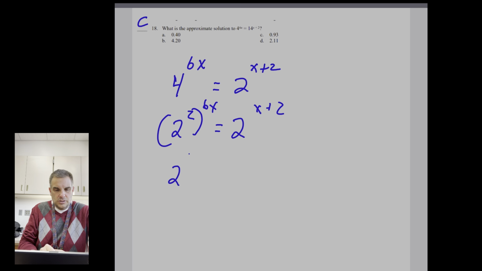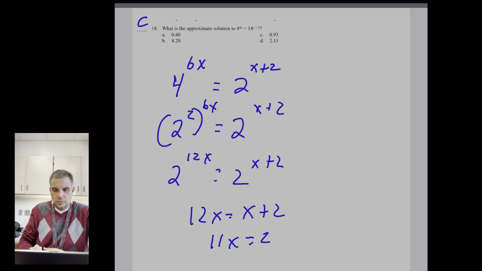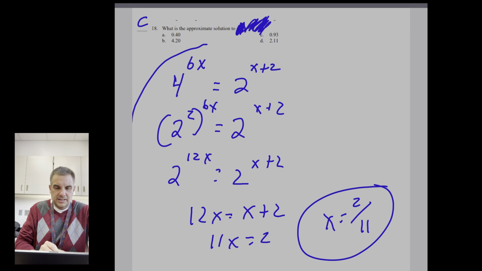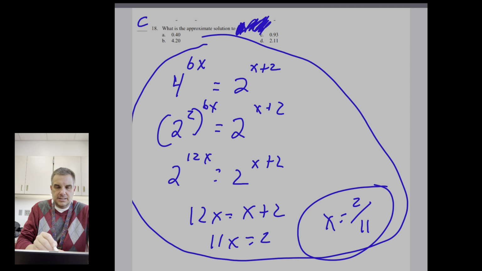So this is 2 to the 12x equals 2 to the x plus 2. So 12x equals x plus 2. 11x equals 2. X equals 2/11 is your solution. That's not that right there. We'll do something like this instead on the test, and it'll almost be just like that one.